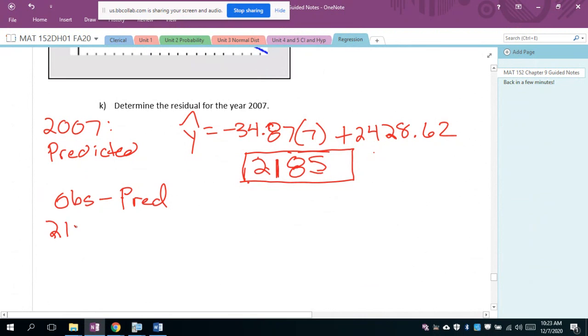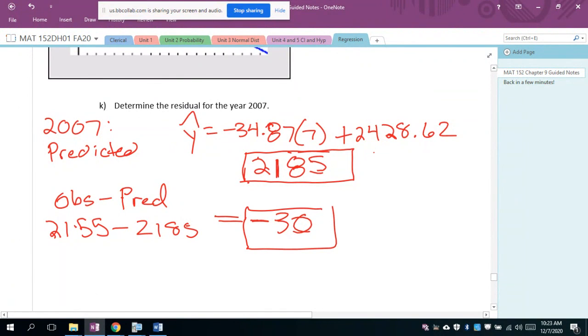So 2155 minus 2185. So the residual is negative 30. And that's the answer I would be looking for. All right, so that's how we would do this problem here.